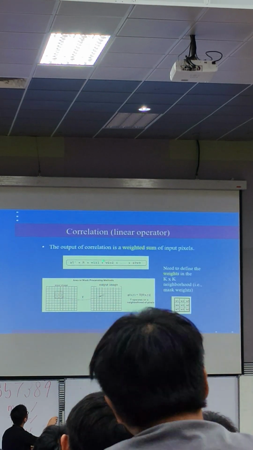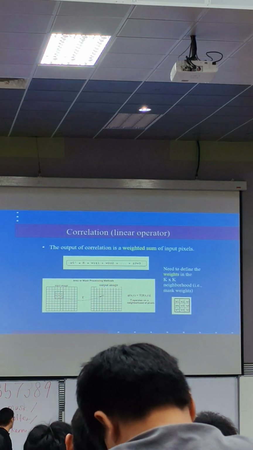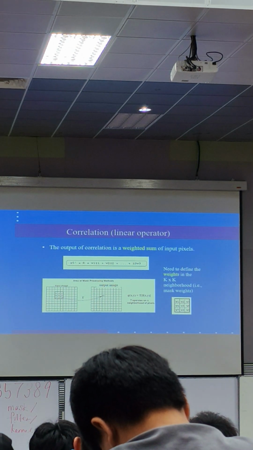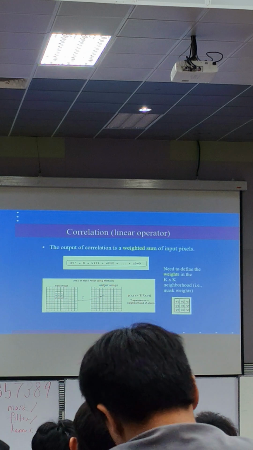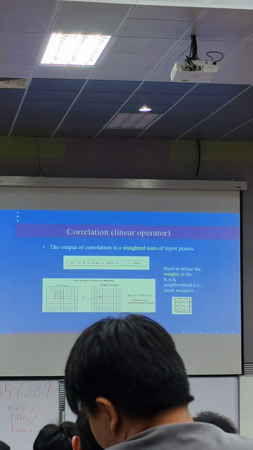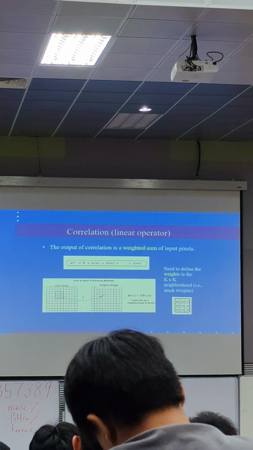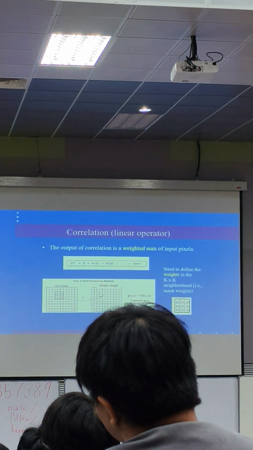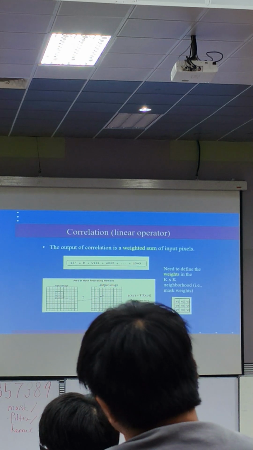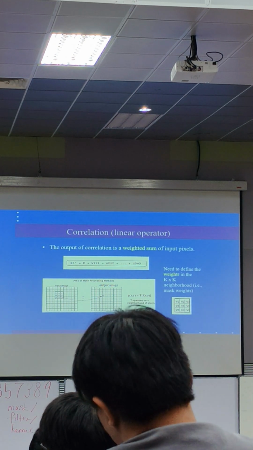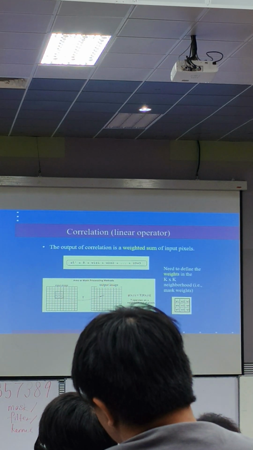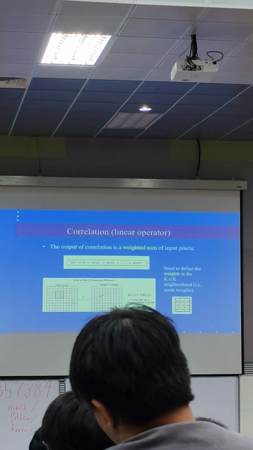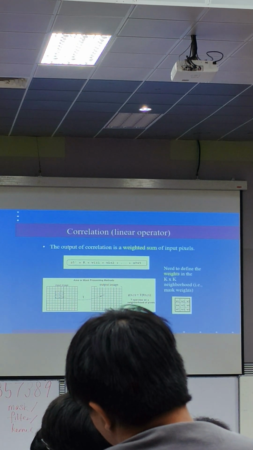Yeah, W1, W2, etc. But coming to the edges, some are missing. So I take the anchor point and put it on the first pixel of this image. So I have W1, W2, W3, W4, and etc. But this way I did not correctly superimpose the overlap on the image.